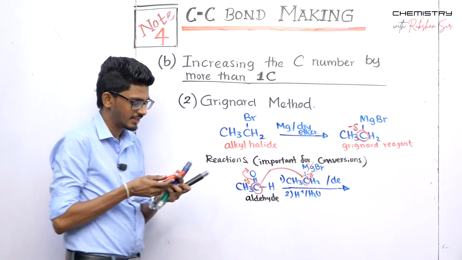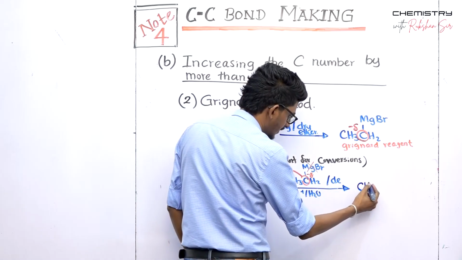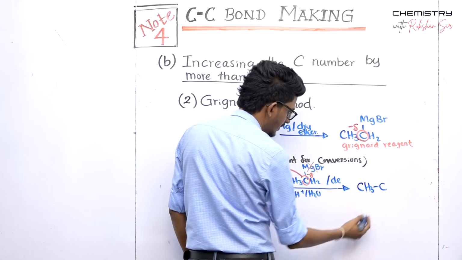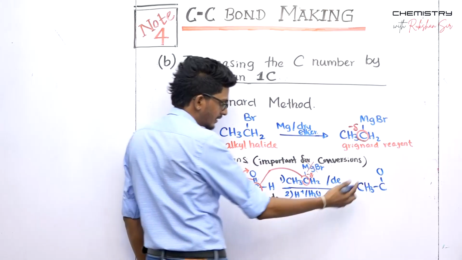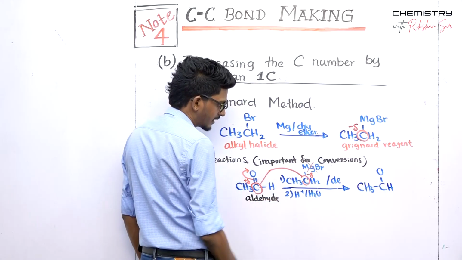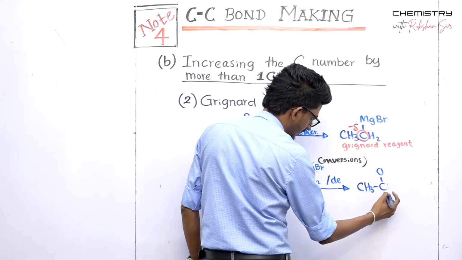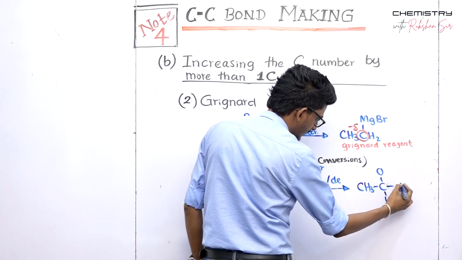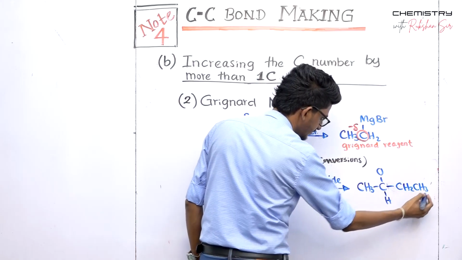So what will be the ultimate product there? You will come up with CH3, C, the pi bond has been broken, right? The CH is there. To that carbon, this thing is connected, CH2, CH3.